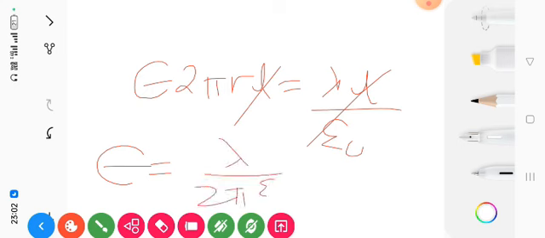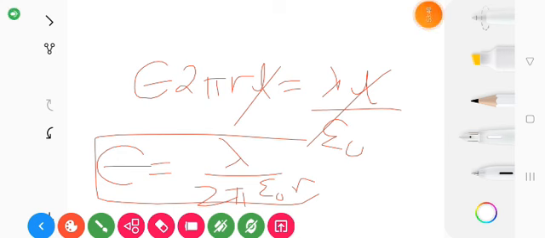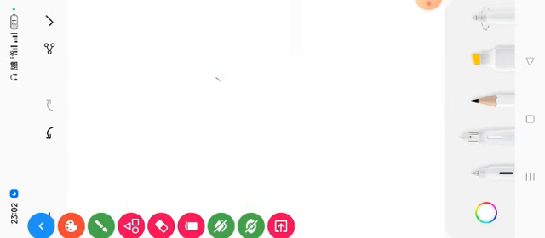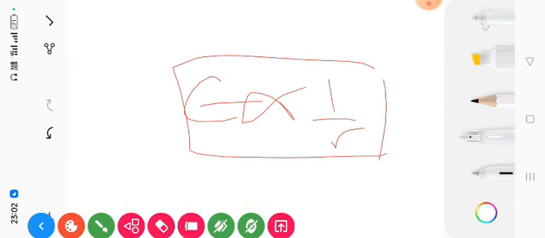Very important. And you see there are certain conclusions we can draw. The electric field here depends on the distance of the point. The more the distance of the point where we find the electric field from the linear line charge, the electric field will be less. That is understood, it will be further, so the electric field will be weak there.